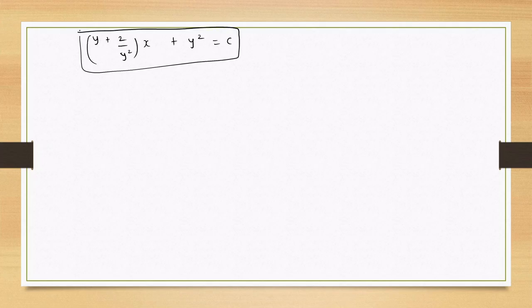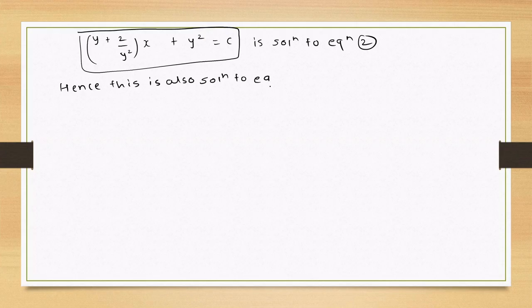So we can write it as (y plus 2 by y square) x plus y square is equal to c, is the solution to equation 2, and hence this is also the solution to equation number 1, right?